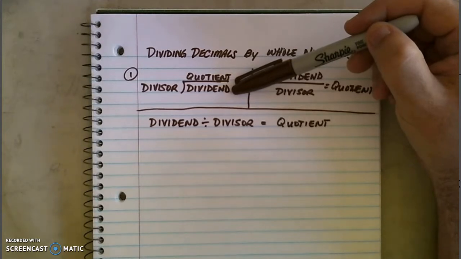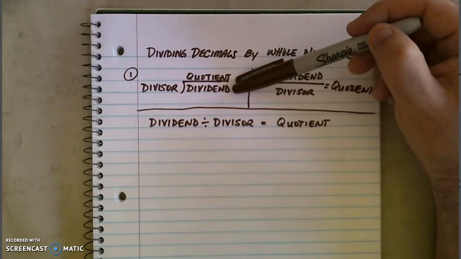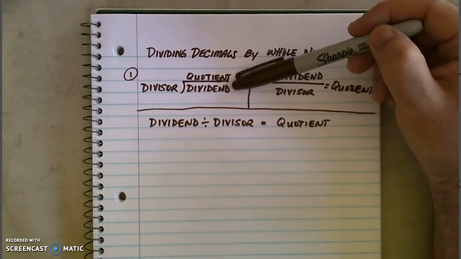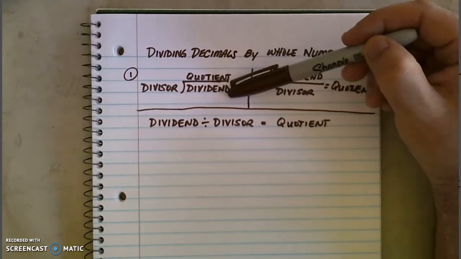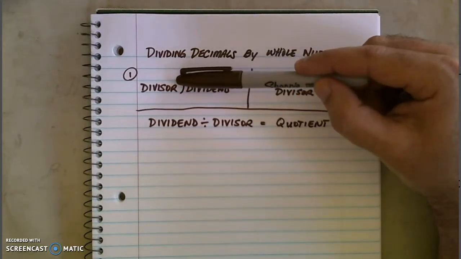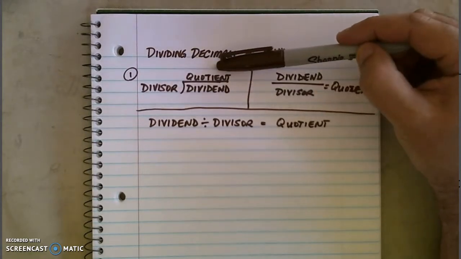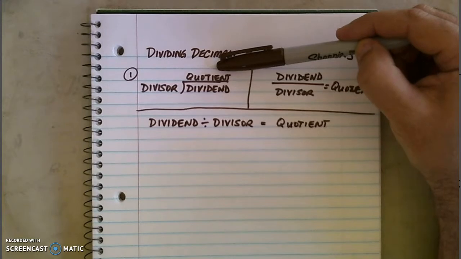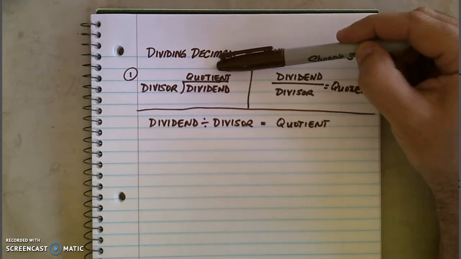In this case, we have our dividend, which is the amount that is being divided up. It would be your whole amount, is underneath the long division symbol. The divisor, which is the number you're dividing by, is on the outside, and then your quotient or your answer is the number on top.